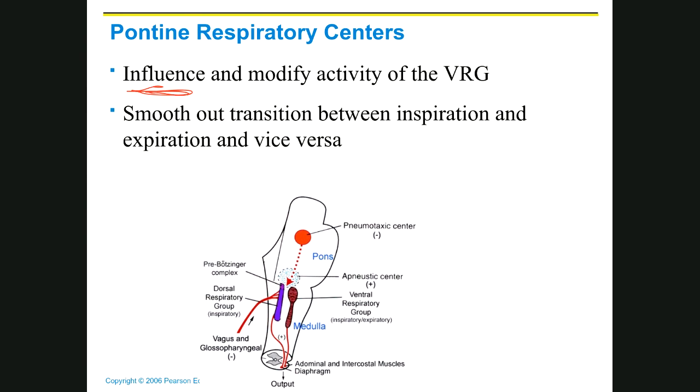They modify breathing. And look, they send signals down to those other centers. They send signals down to the DRG and the VRG. And those signals tell the DRG and the VRG to either increase respiration or decrease respiration.